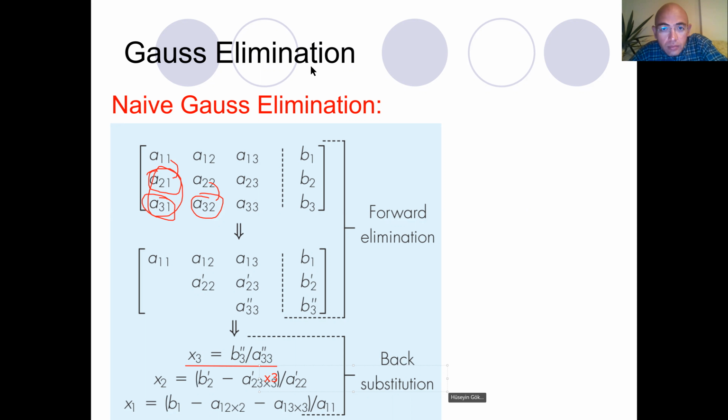Again, I will multiply a12 with x2, a13 with x3, and then subtract it from b1, and we'll divide the whole expression by a11. This will give me the value of x1. So this is the back substitution step.